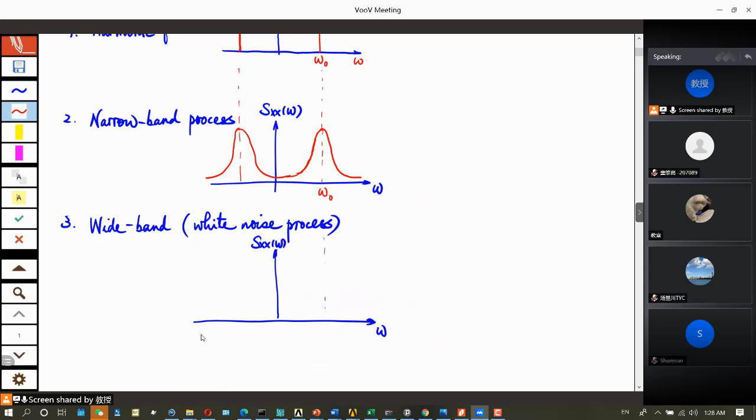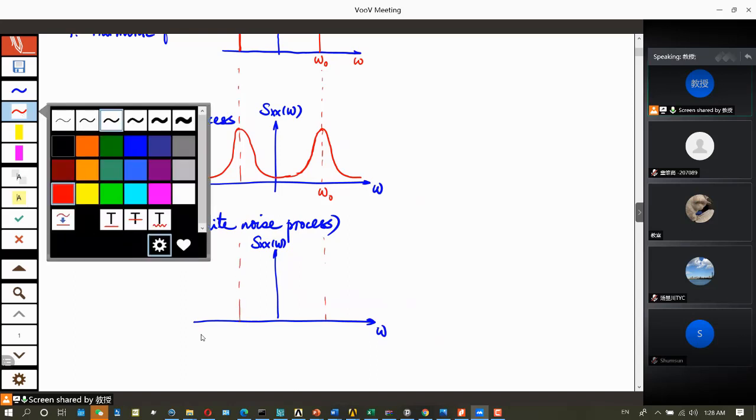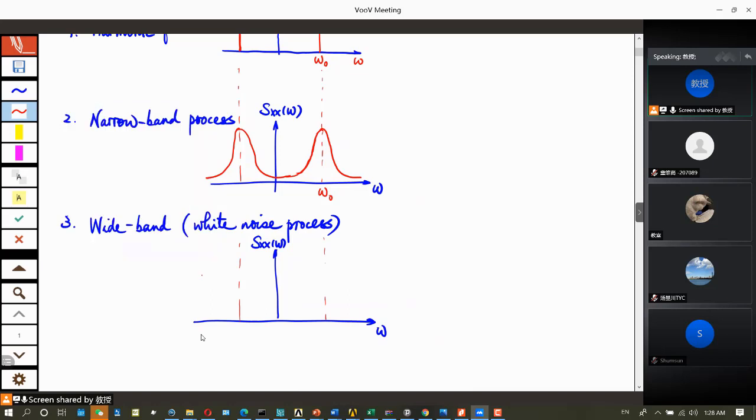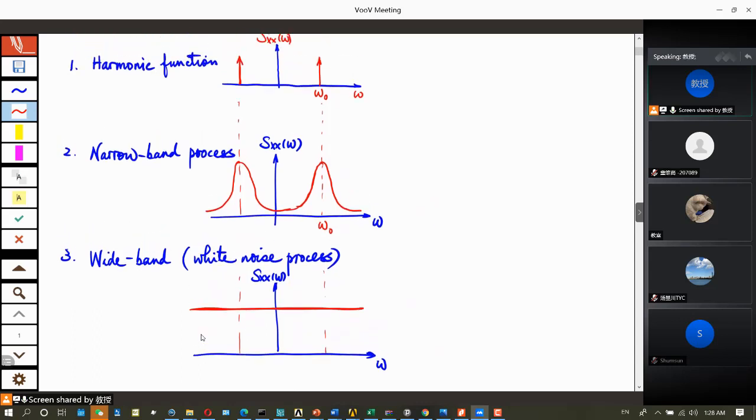This doesn't matter that much. So we have quite flat power spectral density. I'll give you a few minutes, say 5 minutes, to draw the narrowband process and the wideband process.